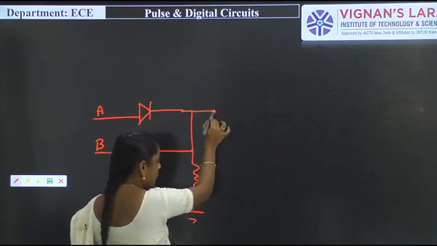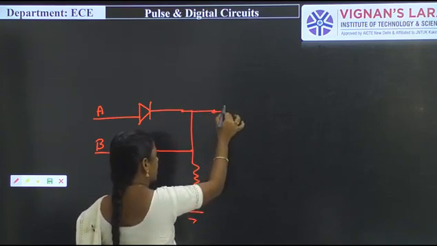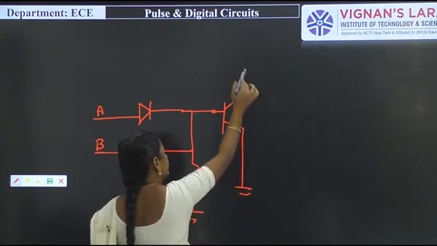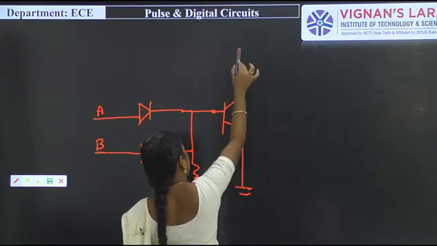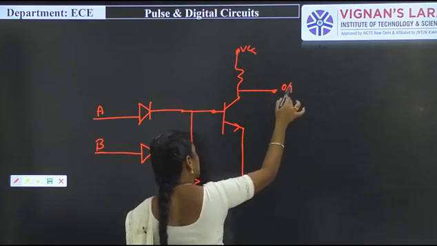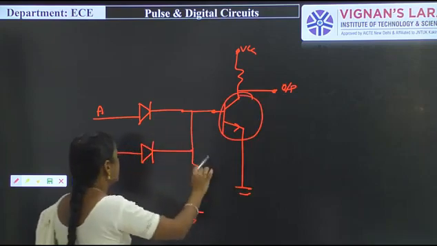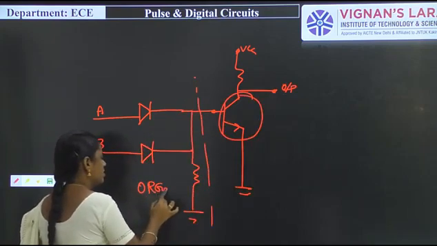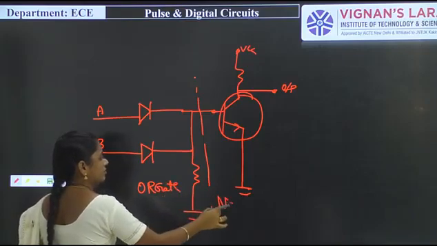After this output, the input will be connected to the transistor and VCC. This part acts as an OR gate, and this one is a NOT gate.